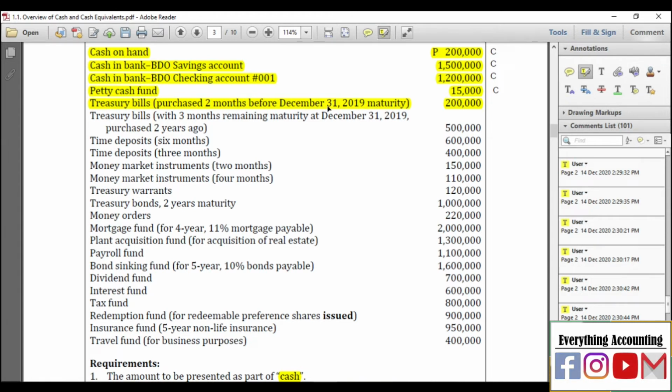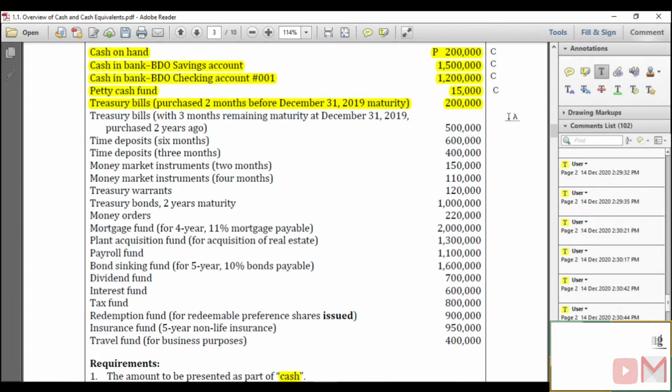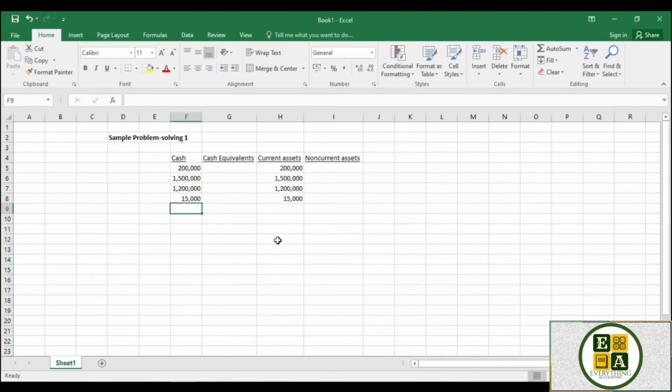So, yung maturity niya is on December 31, pinurchase mo siya 2 months before that. So, pasok siya as cash equivalent. So, we're going to qualify this one as cash equivalent. Okay? So, 200,000, papasok siya as cash equivalent. Pero papasok din siya as current asset.